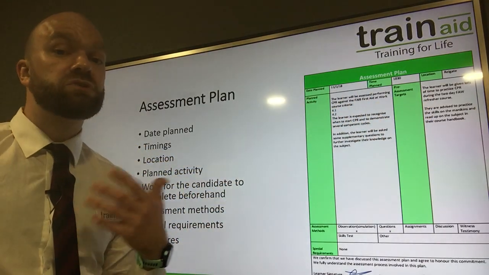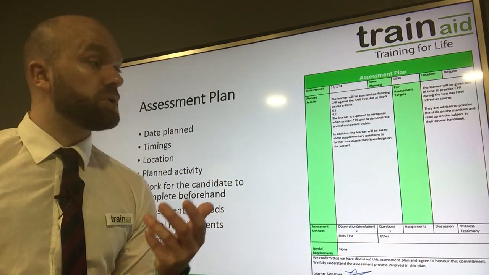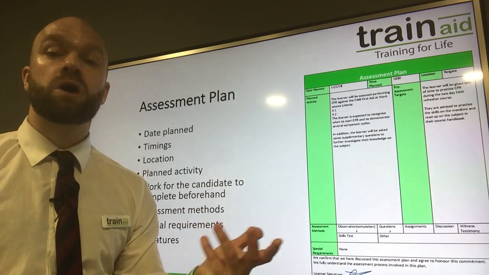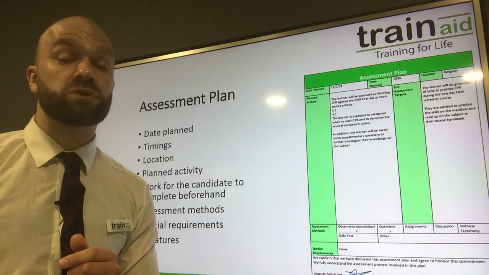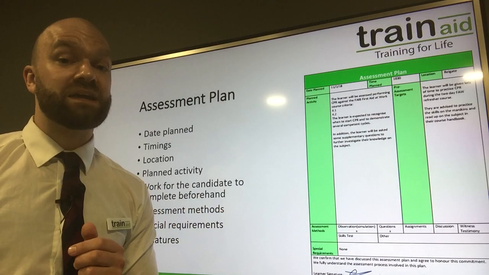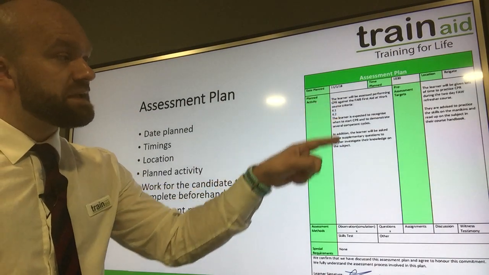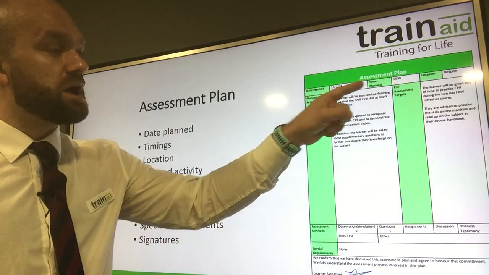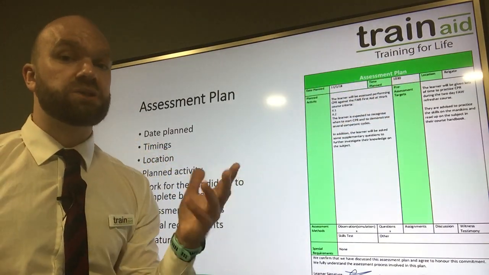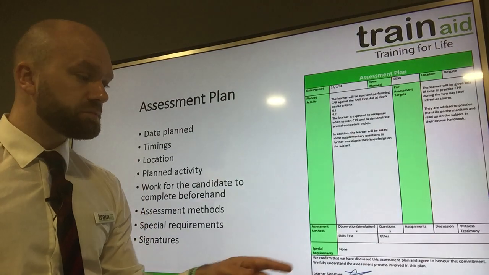So here, have you set perhaps your learner or your candidates any targets? It could be perhaps to read up on a first aid manual, for example. But we do need to see a planned activity, a date, times, and also location of the assessment there.